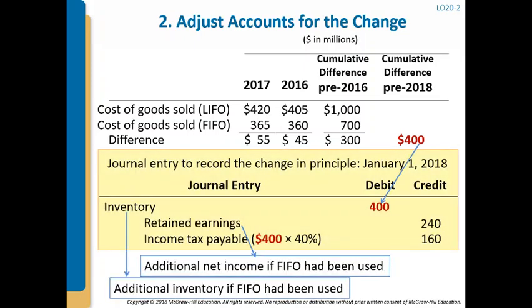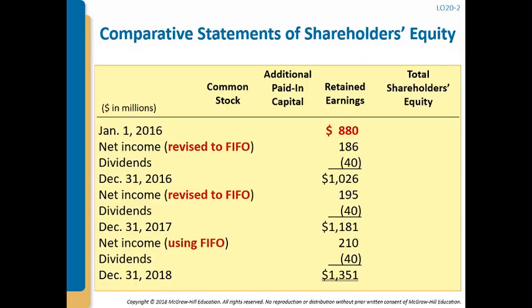And so you're going to make the following entry based upon everything that you've determined. You've determined that inventory has to increase by 400 million. Retained earnings, going back to that, increases by 240 million.